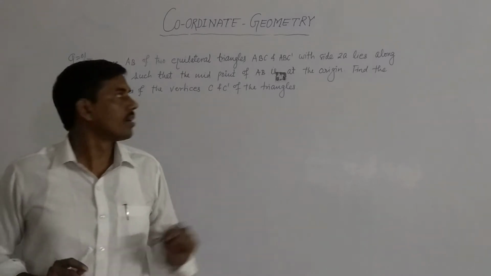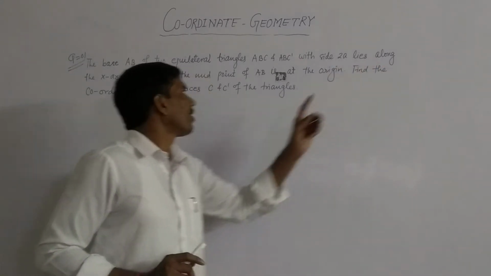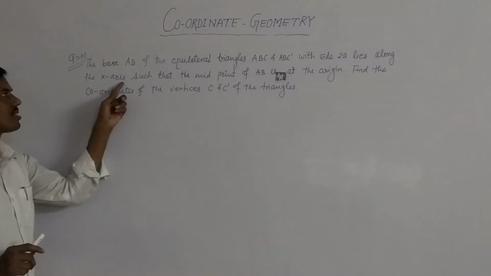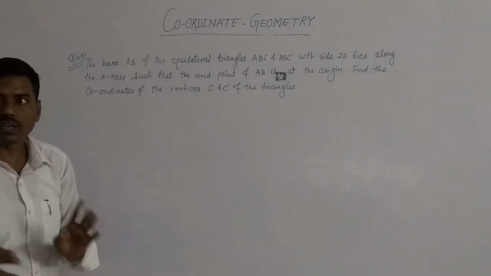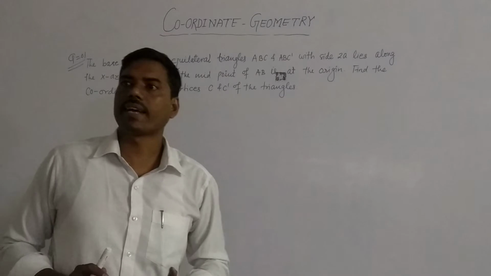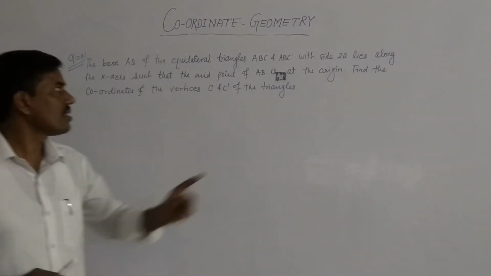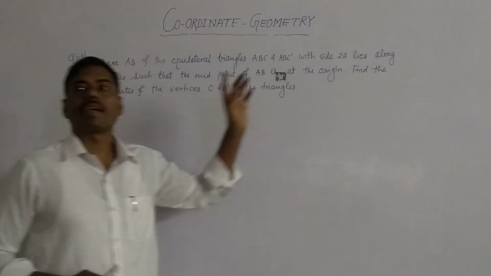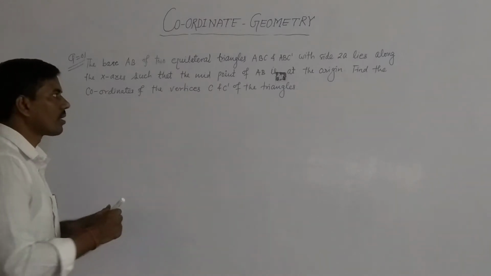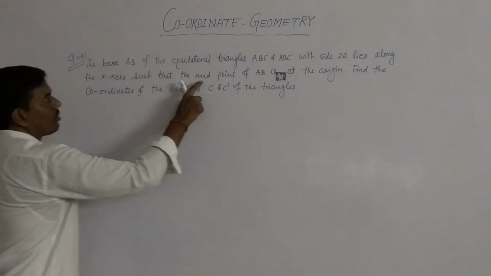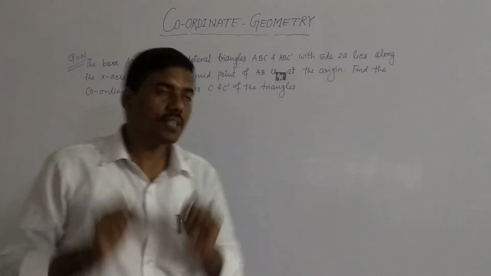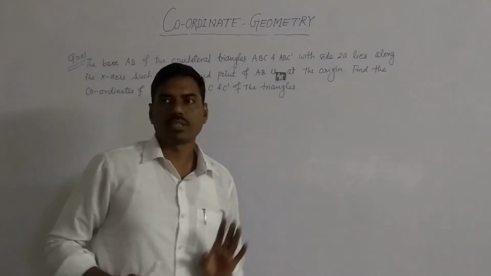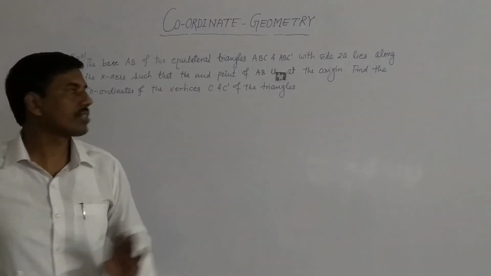Base AB of two equilateral triangles ABC and ABC dash lies along the x-axis, such that the midpoint of base AB is at the origin.